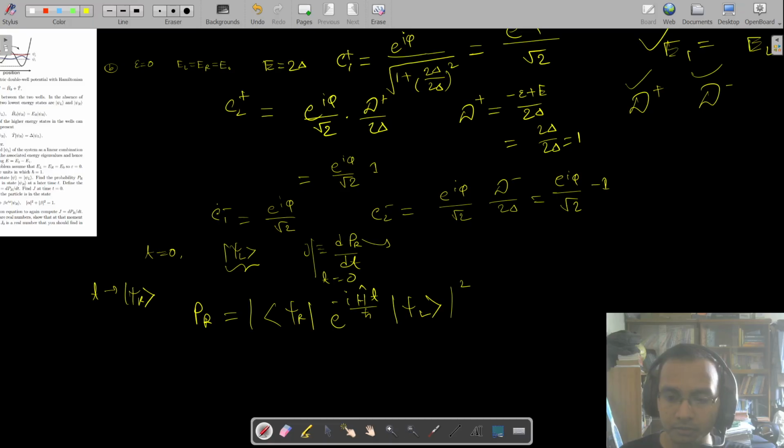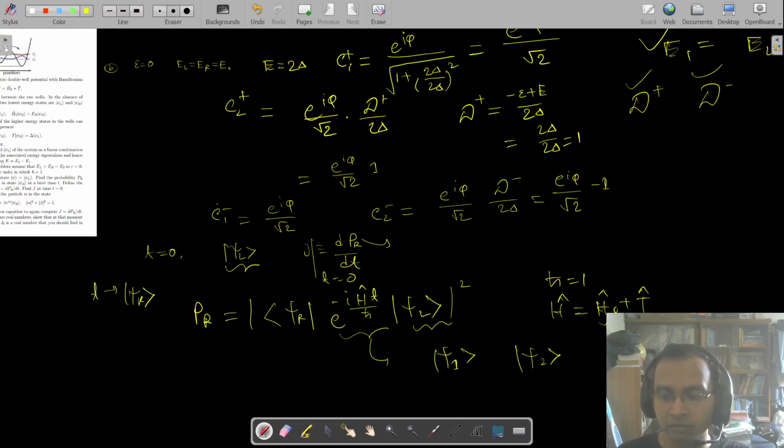Here h bar is 1, and the complete Hamiltonian is the sum of two terms. Notice one thing, we don't know how this exponential operator acts on psi L, but we know how this operator works on individual eigenstates of the Hamiltonian H, right?